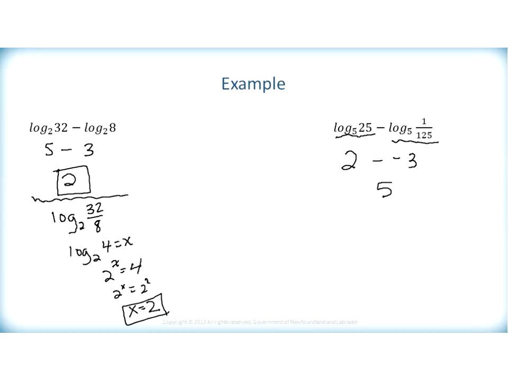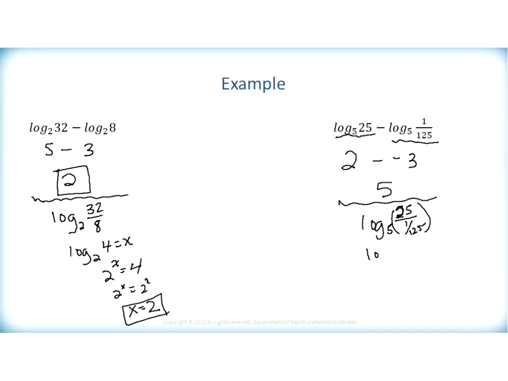Once again, using the laws of logs, writing as a single logarithm, we could have the log of 25 over 125 base 5.